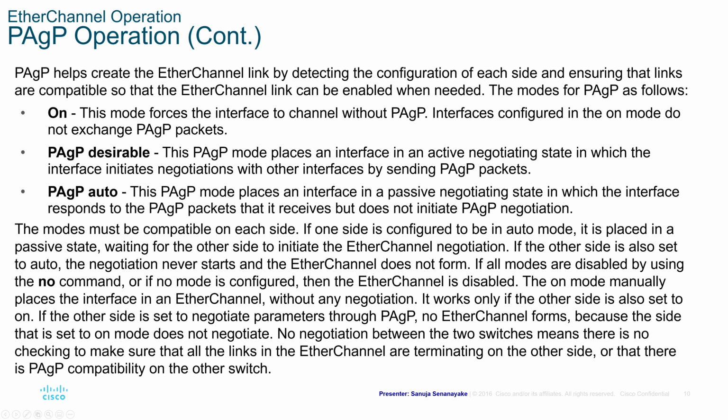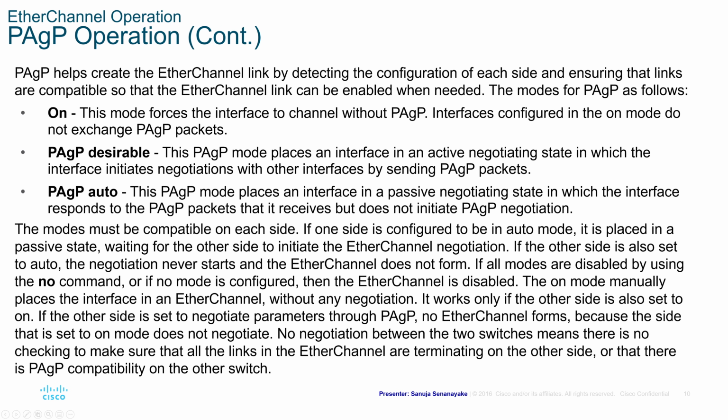In auto mode, it is a passive negotiation state, and the interface will respond to PAgP packets that it receives but does not initiate the negotiation. Here, the desirable does initiate the negotiation. So you should know these three differences, and you should be able to identify them on an exam or a lab exam when your instructor asks you questions about PAgP.